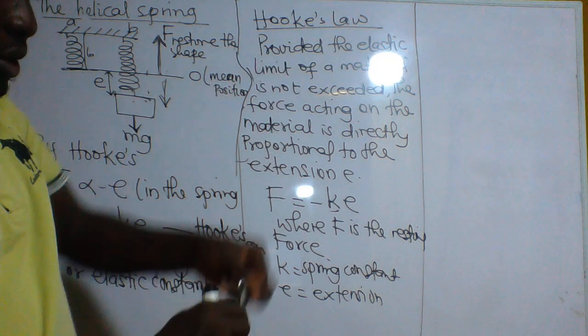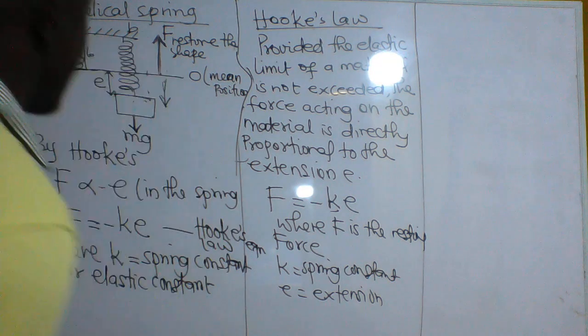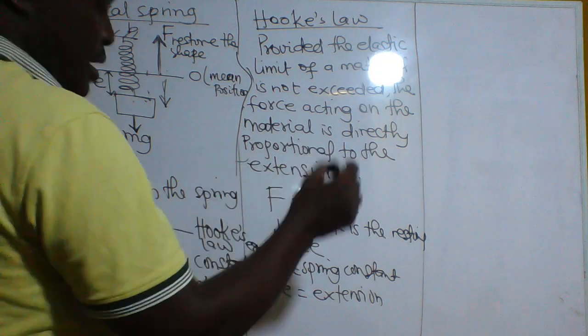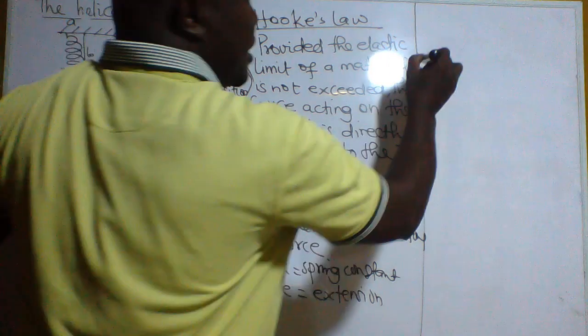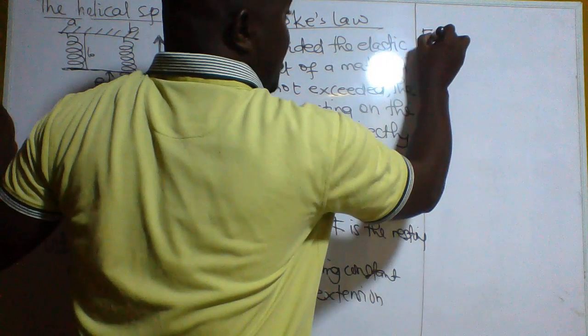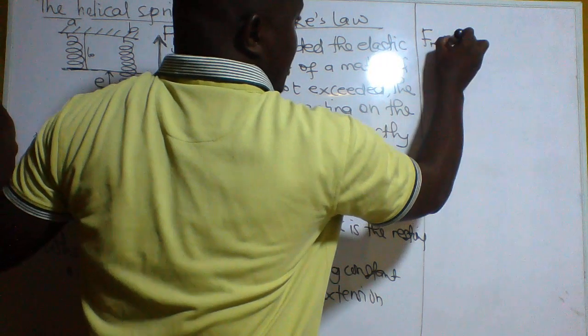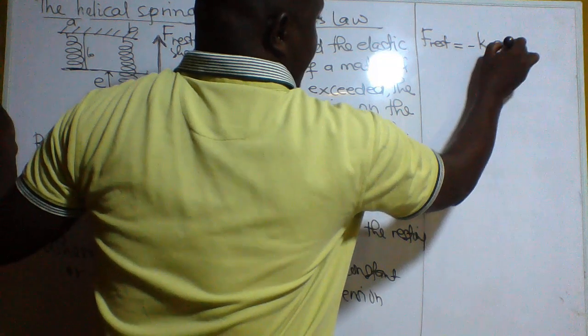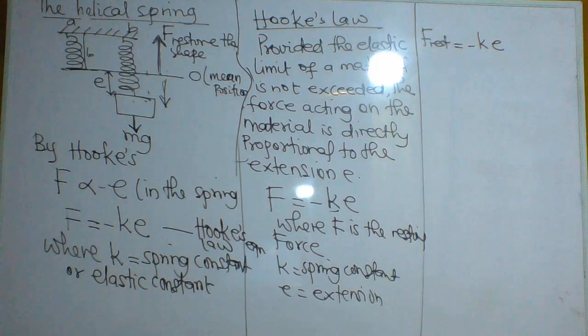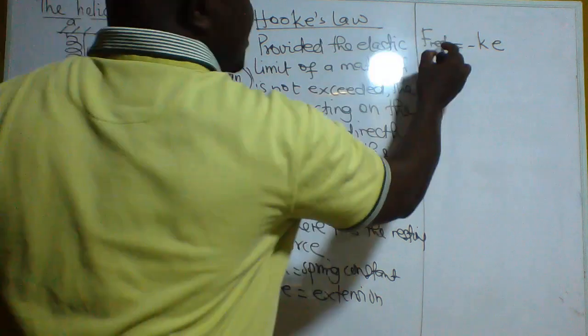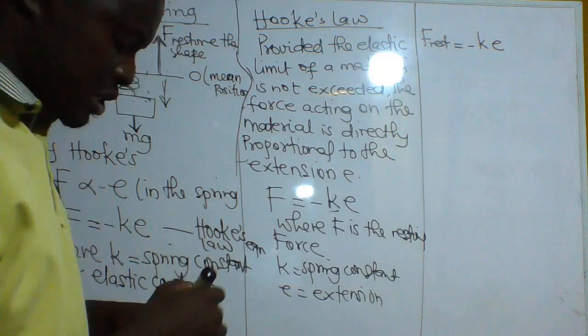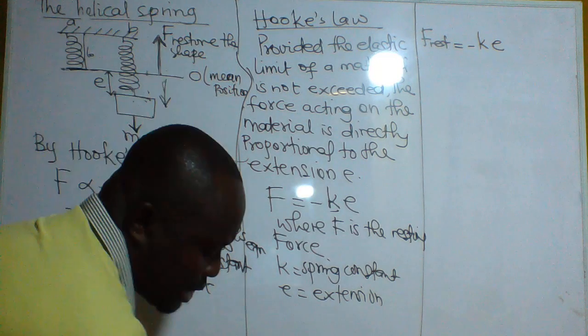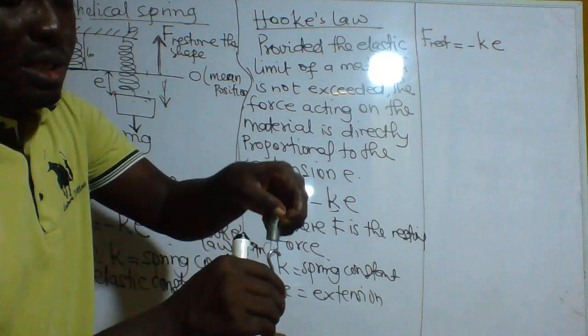So we have the restoring force, F restoring, equal to minus K times the extension E. The restoring force is that component of the force which causes the acceleration of the body.